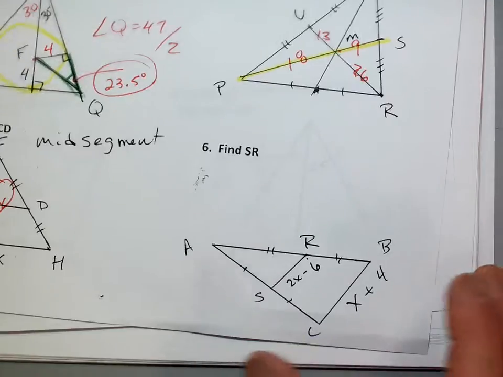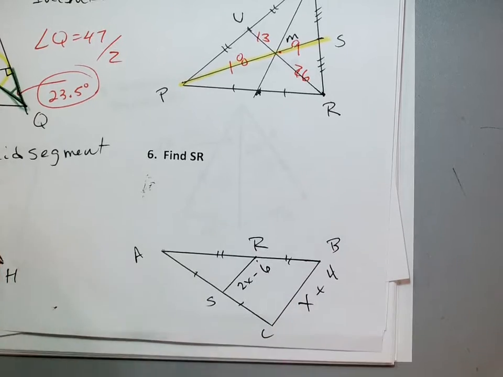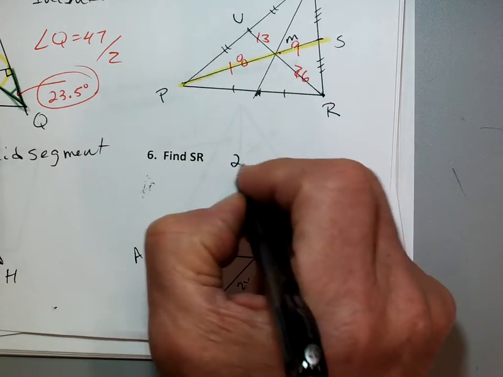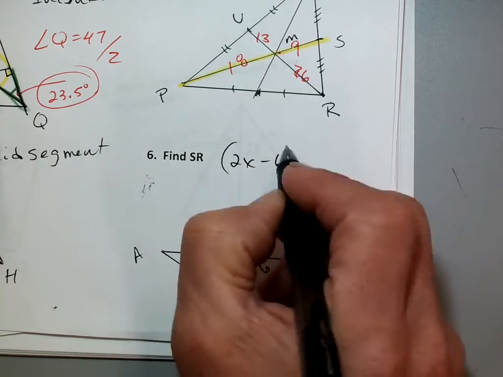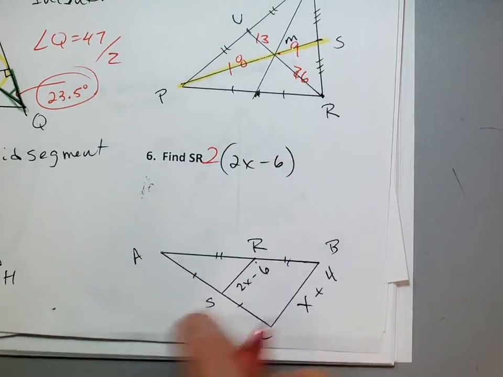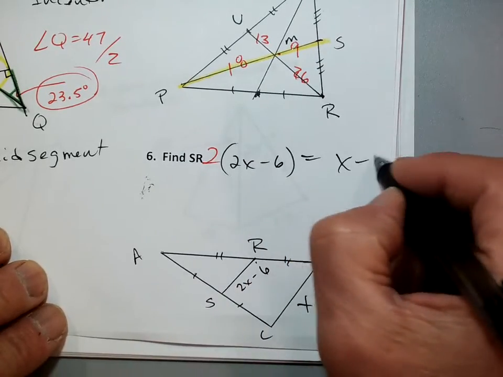Now on 6, we're actually going to have to solve it. I do know this is a mid-segment, which is half as big as this. So I'm going to say my 2x minus my 6. If I double it, make this twice as big, then it will equal my x plus 4, right?